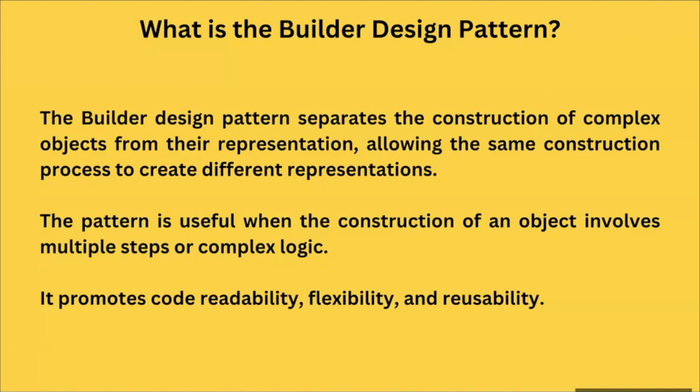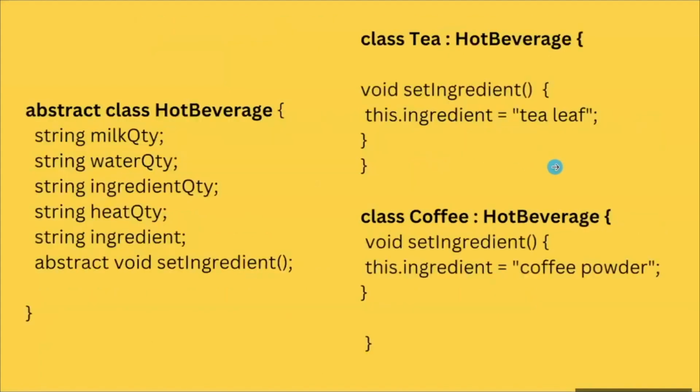And we will walk through what the builder design pattern is from end to end. But before that, we will take a very simple example to understand it. Let us take an example where you have a simple abstract class HotBeverage, which has some fields, and then you have an abstract method.